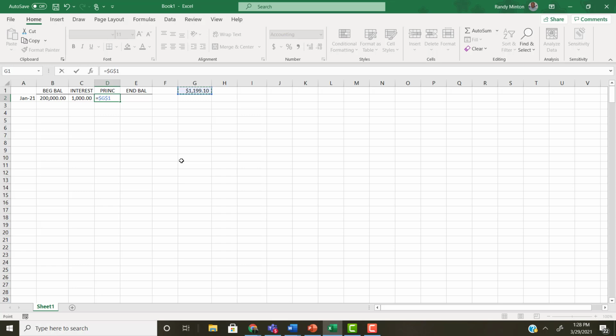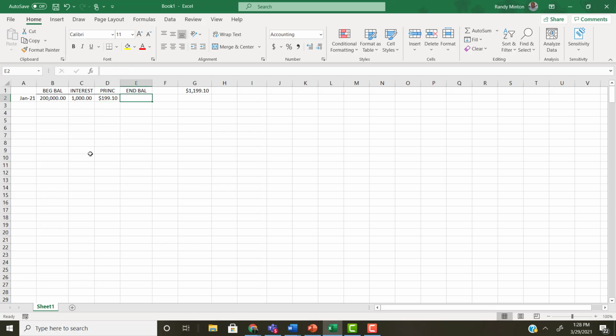And then, this number here, the principal number, minus the interest number. And I'm just pointing to those. So that tells you then that your principal for the first month that's coming off of your beginning balance is 199.10. The other part of this is interest.